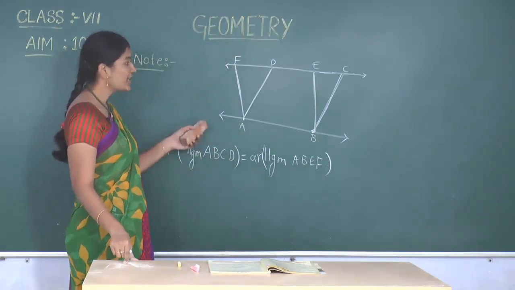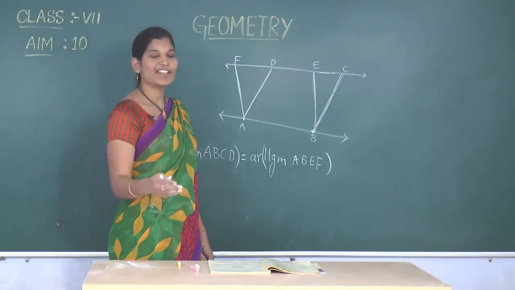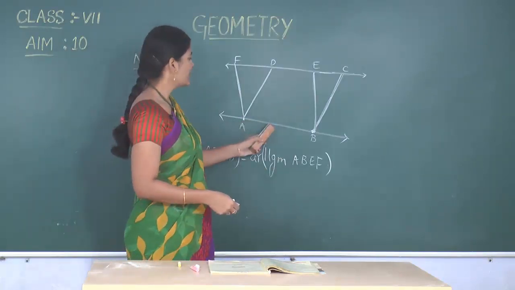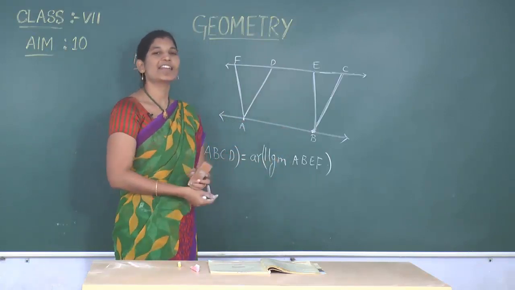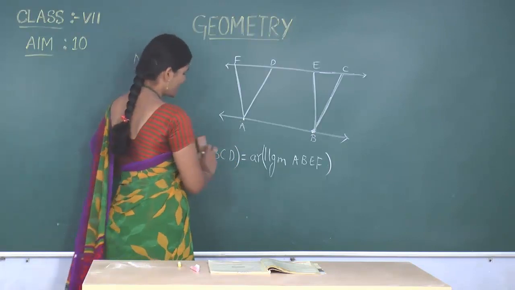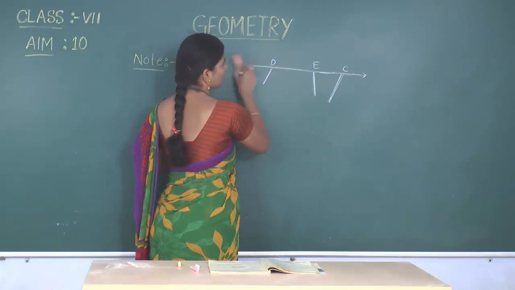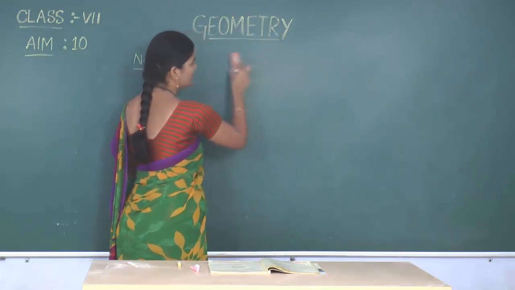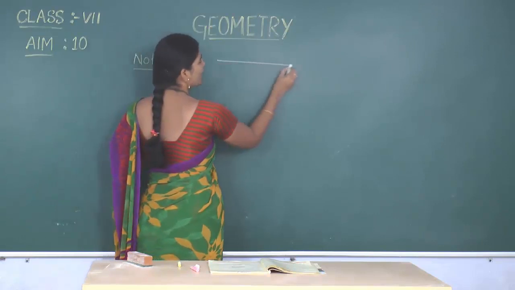This is also a very important property. The parallelograms which have the same base between the same parallel lines are equal in area. And now let me go with one more important property. And here also I am going to take two parallel lines.